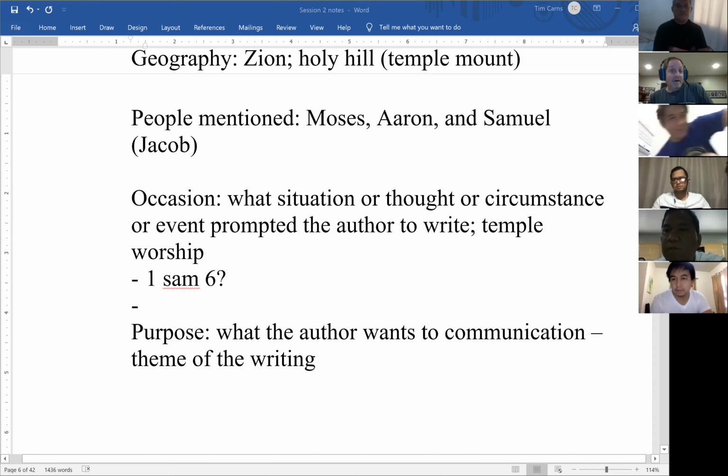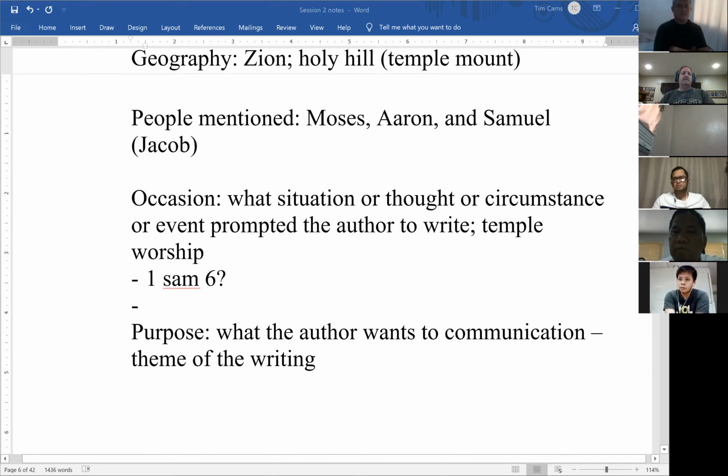So it is very possible that Psalm 99, which was grouped together with Psalms 96, 97, and 98, perhaps the person who organized the Psalms had the same idea as our brother Charlie, that perhaps Psalm 99 was also prompted by the same occasion as Psalm 96 and Psalm 98. So that's a good possibility. I think some scholars would support that. We don't know for sure, but I think that's a good hypothesis.